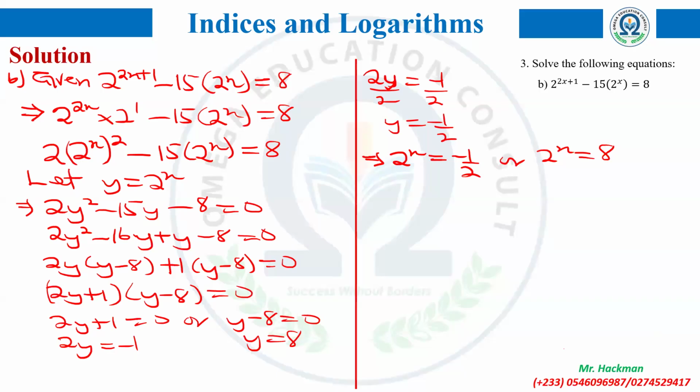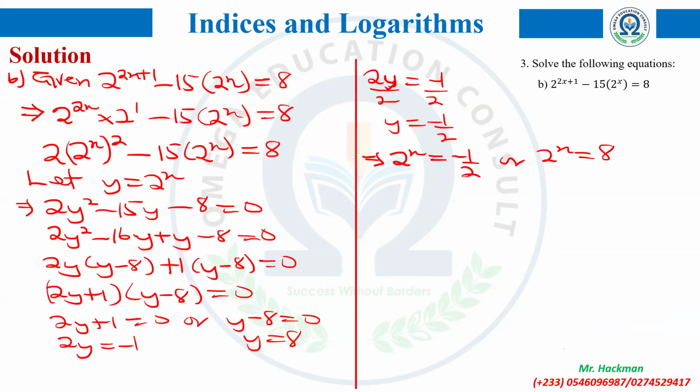Yes, please. Okay. What do you think would be the value of x here? Can we write this as 2 to a certain power? Where we are coming from, we just did it today.